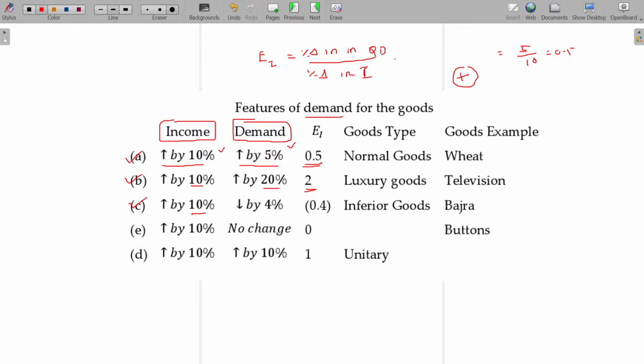And the change in income being 10% and demand is totally different. Signs are not important, anyhow, I have given it here as negative, in brackets means negative. Demand decreases, income increases. This is for inferior goods.